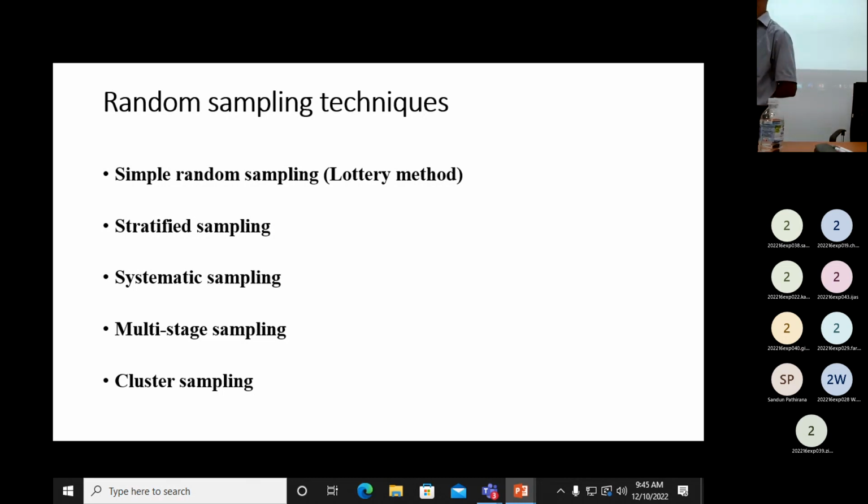Sample items are selected from the final stage.